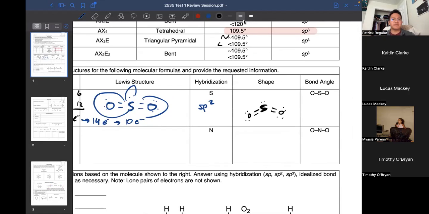Experimentally, we don't really observe it interacting with a bunch of other stuff. But with 3 electron groups, this one's basically invisible, so it's going to be a bent shape. You guys did the problem set. You guys know this. And the bond angle, sp2, what is the bond angle of an sp2 hybridized atom?